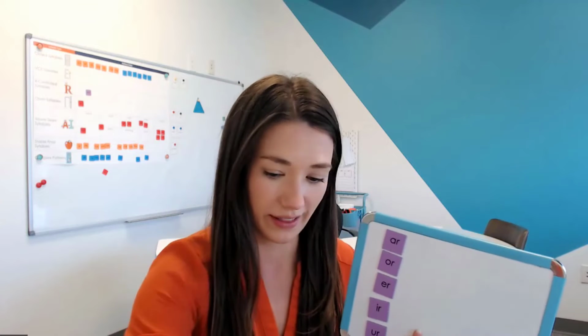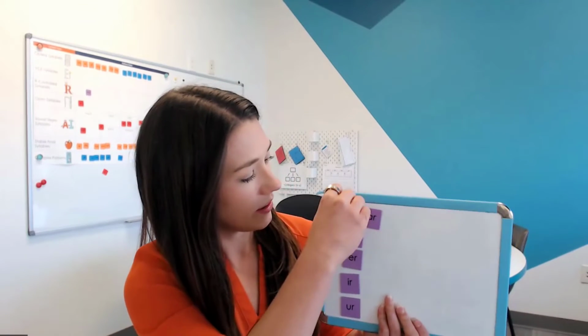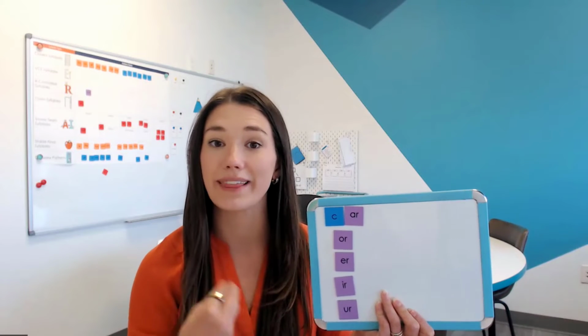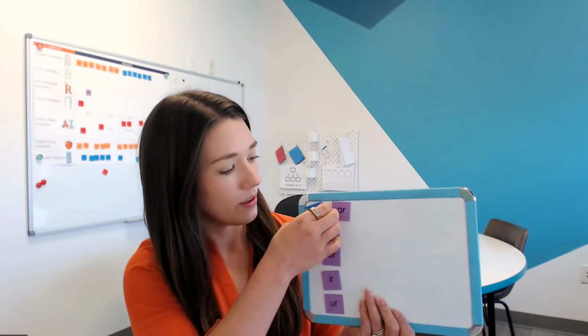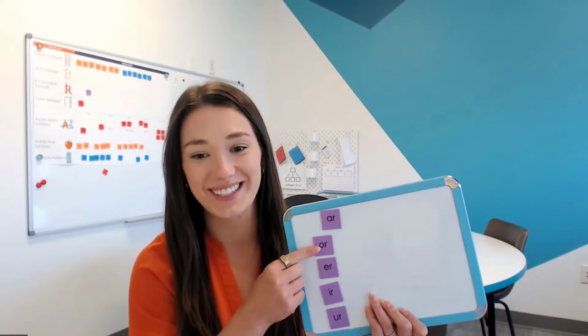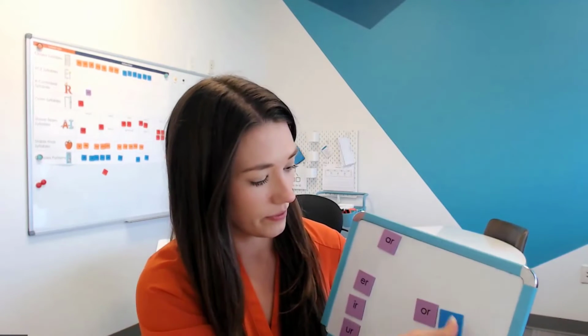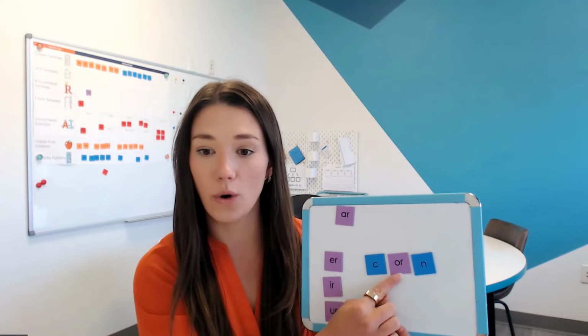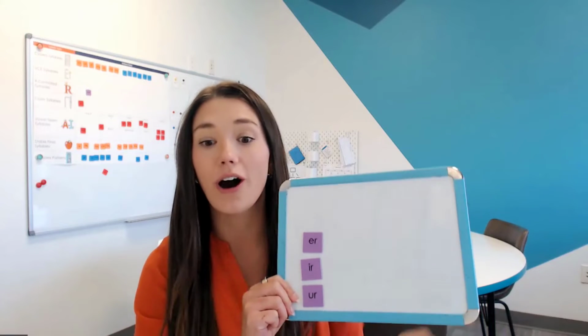We can build a word like car, where we have these two letters, the A and the R, working together to make that R sound. We might also have OR, which will say or. We might hear that in a word like corn, where we have our OR, and then we have our ER, IR, and UR patterns all saying ER.